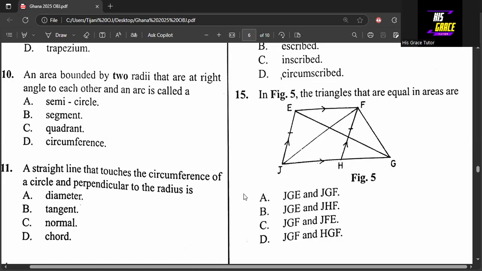So in this case, we have these two triangles, JGE and JGF, that are equal in area. Why? Because they are in between the same parallels and they are on the same base. As a result, they have equal area. So our answer here is option A.